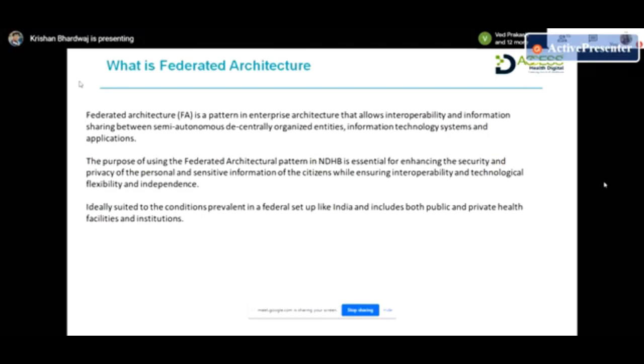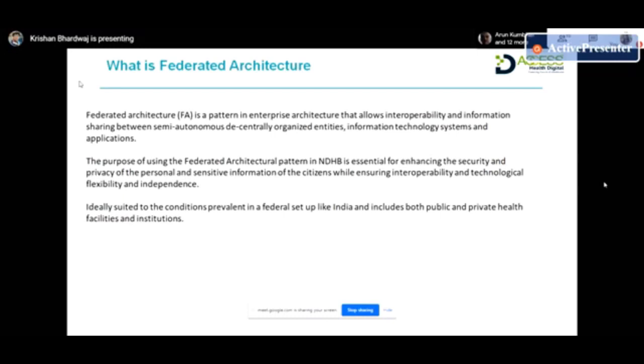Number two, it is related to interoperability and information sharing between different entities. But up to these two points, this applies to any architecture related to interoperability. Even a centralized architecture will be a type of enterprise architecture and will also talk about information sharing and interoperability.